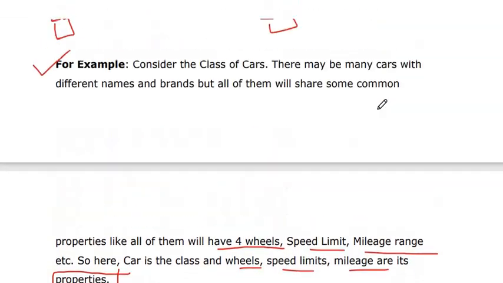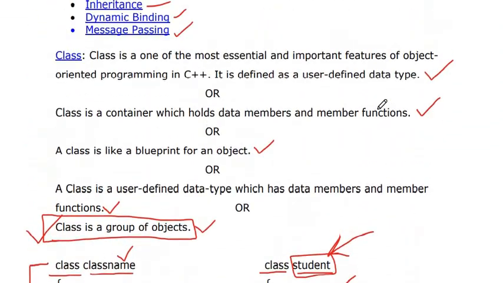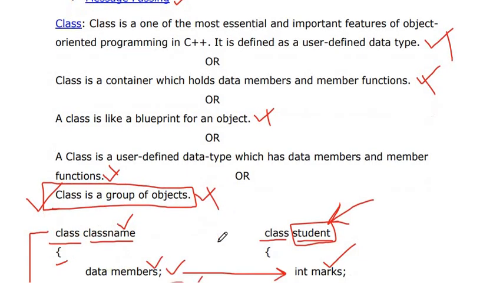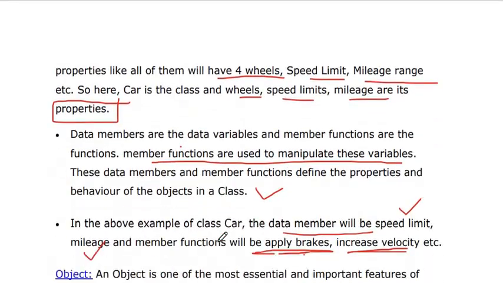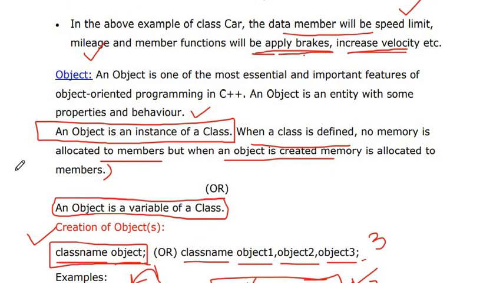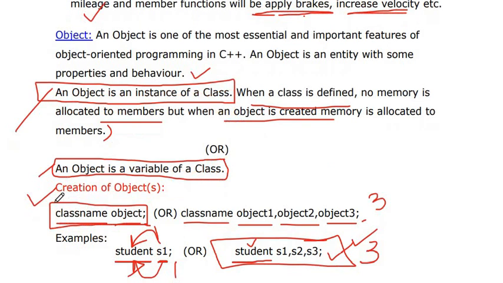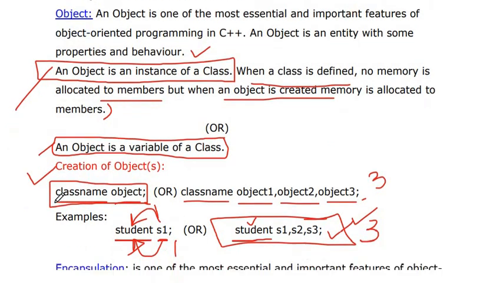Totally we have seen how many definitions? 1, 2, 3, 4 and 5 definitions. Five class definitions. And here we have seen how many definitions of the object? First definition and second definition. Right. Already we have seen creation of objects also.